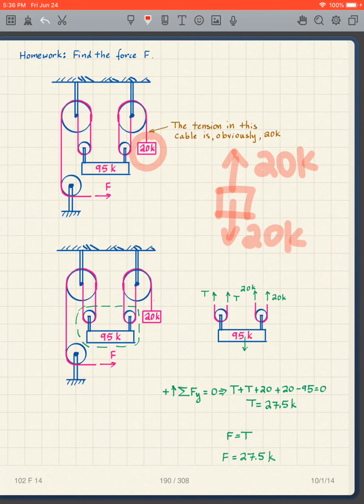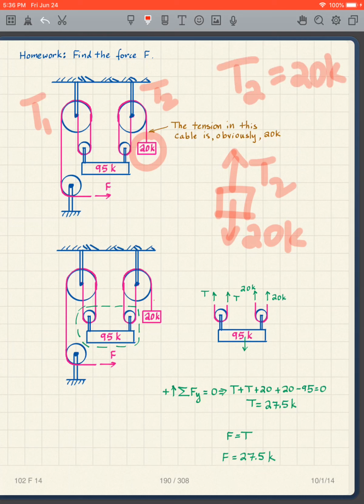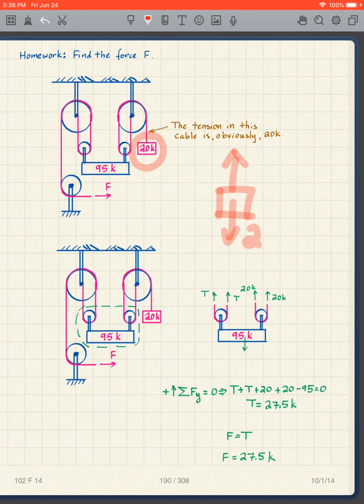So I'll call this T1, this one T2. So this is T2, and we can see very clearly that T2 equals 20 kips. So we'll keep that. You should be able to identify that pretty straight away.